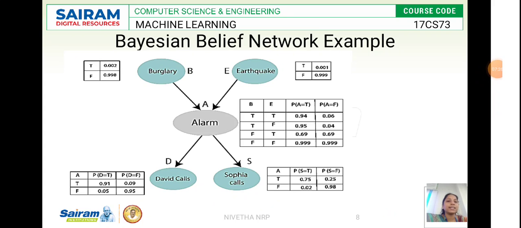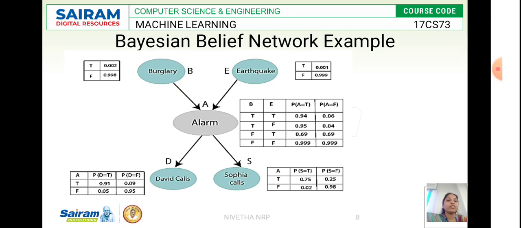Now we are constructing a Bayesian belief network with the alarm. Whenever a burglary happens, the alarm goes on, and whenever there is an earthquake, the alarm goes on. When the alarm goes, that is reflected in David call and Sophia call. First we construct the distribution function.